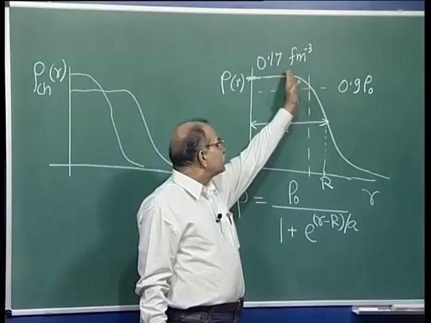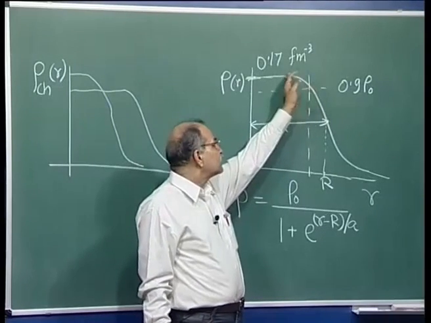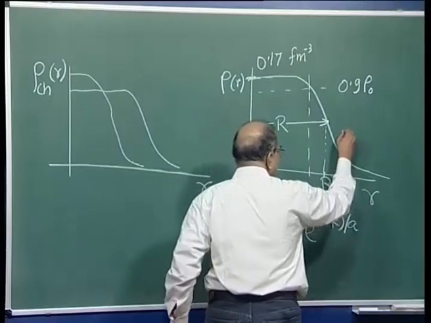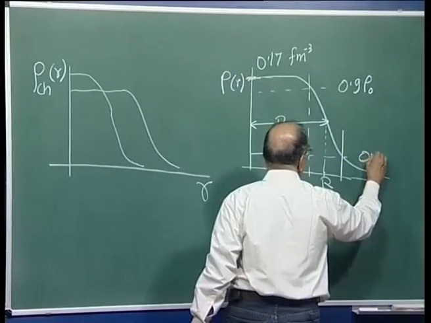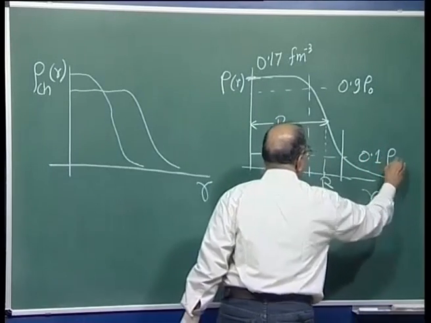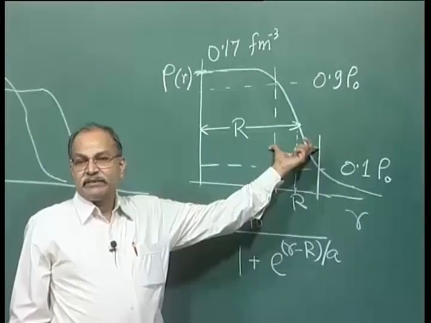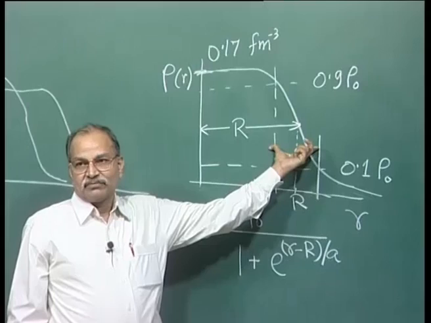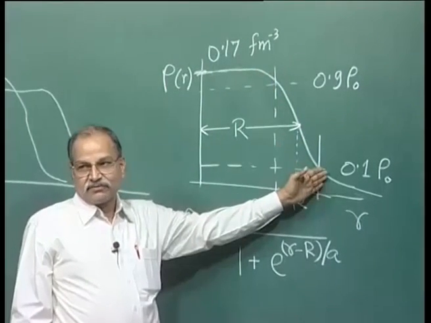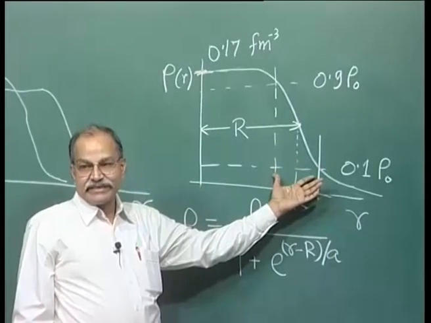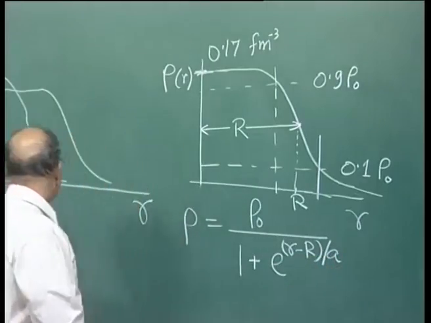So here the density has decreased to 90% of its central value, and similarly you take this other point where it decreases to 0.1. So this is a measure of how steeply the density goes down from 90% of rho naught to 10% of rho naught, how much distance it takes. This can be related to this a, we will make this calculation.